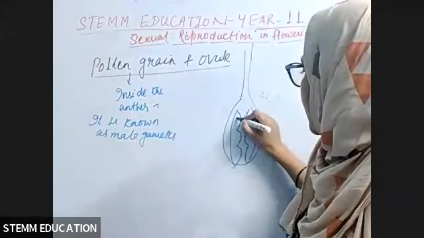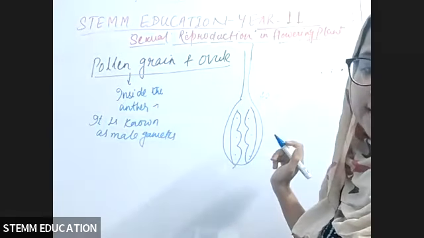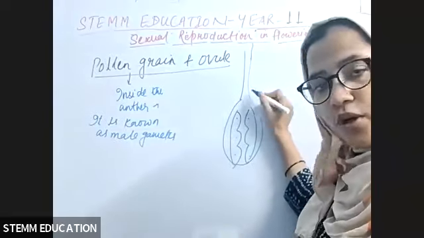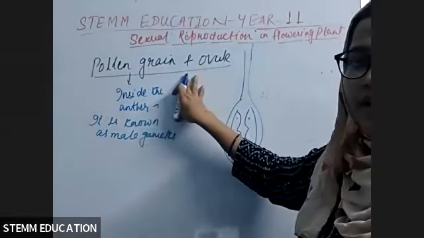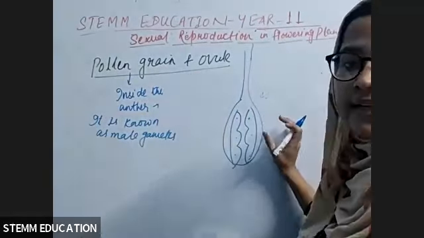Each ovule consists of a nucleus, and when the pollen grain comes from the ovary to the ovule, the pollen grain and the egg, the female gamete, fuse together, and both nuclei combine. Fertilization happens when the pollen grain nucleus fuses with the ovule nucleus.